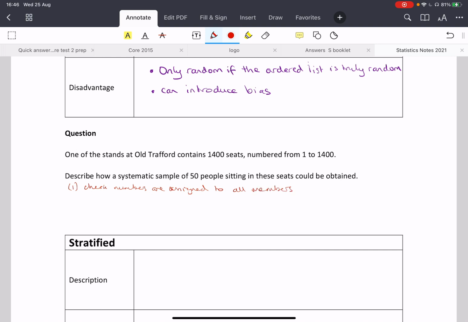So here it's 1 to 1400. Now we need to work out what our jump needs to be. So 2, our interval, is going to equal 1400, that's how many there are, divided by 50, which is 28. So we take every 28th item.